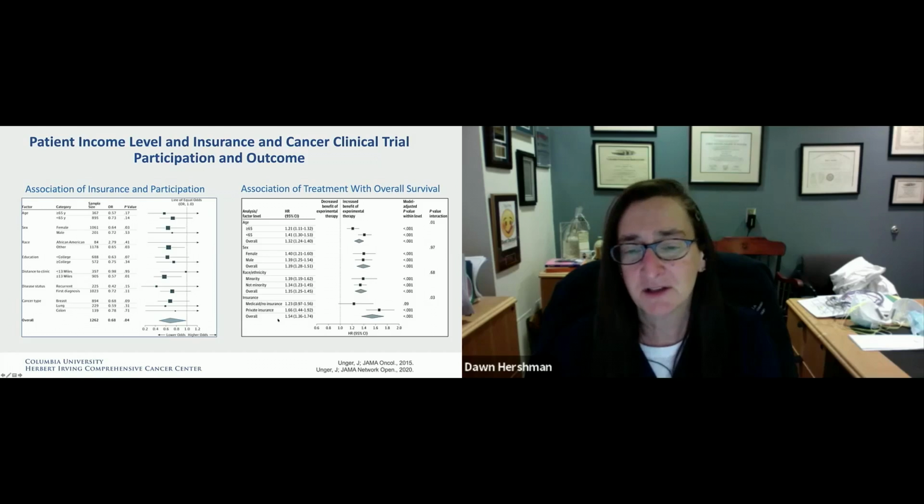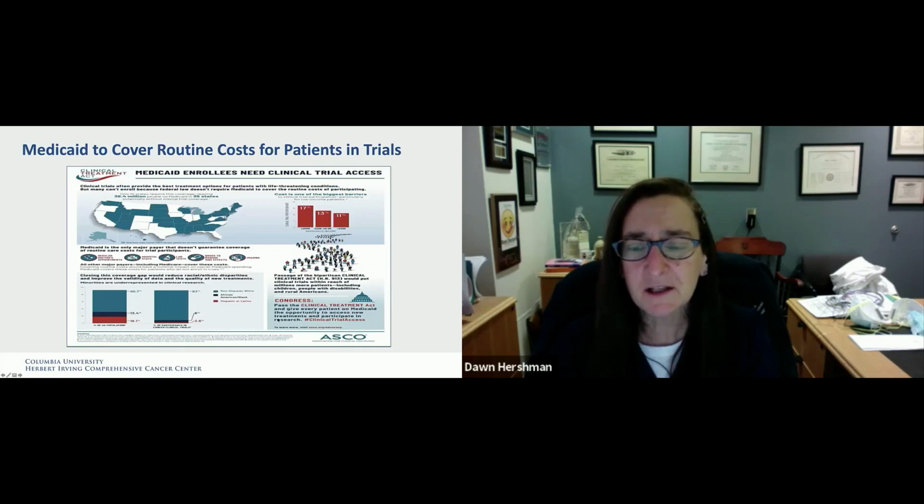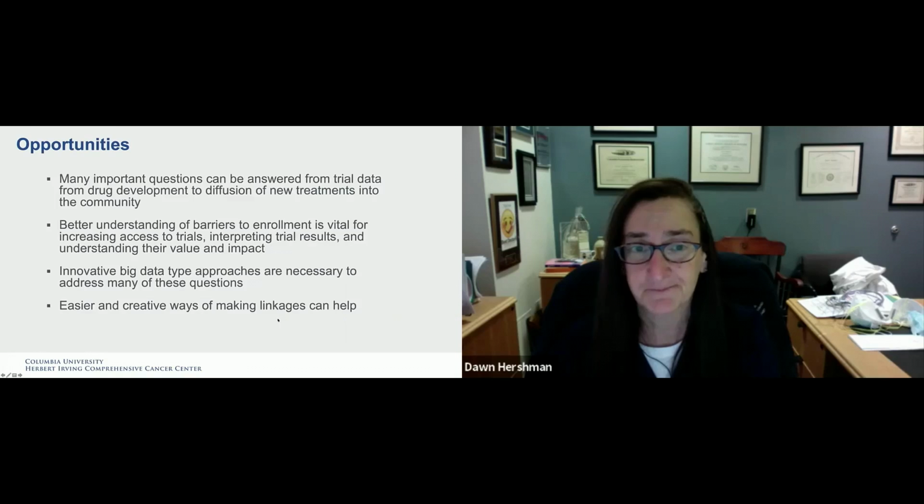And actually, patients with Medicaid don't have the same benefits when the treatment is known to be beneficial on the clinical trial. Results from these trials were really used by ASCO and other organizations to help advocate for increased funding for patients with Medicaid so that their clinical trial costs will be covered. And that is a very direct way we can try to increase clinical trial accrual.